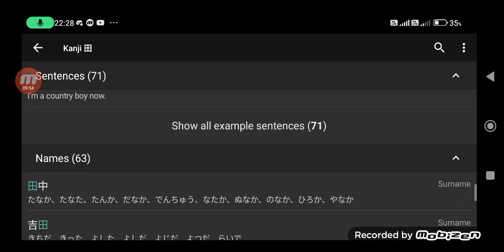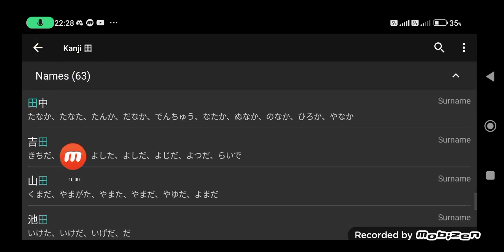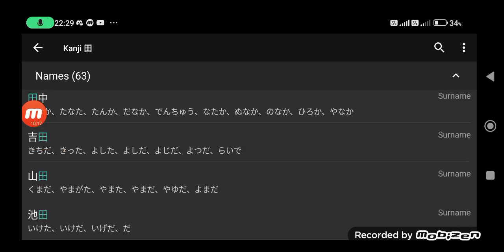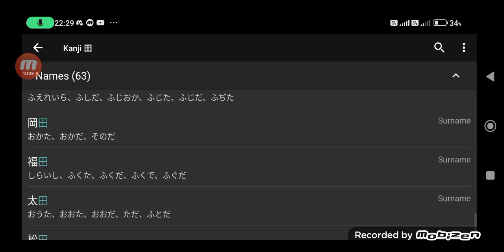For names, the most common is Tanaka. And then Yoshida, and even Yamada. Or Maeda, Ikeda. These are very common surnames in Japan. Yamada, Ikeda, Maeda, Yoshida, Tanaka. For other names, please just screenshot those.